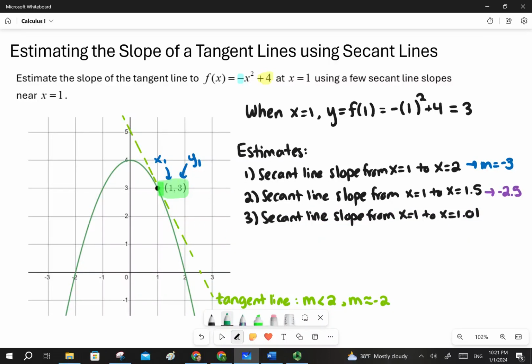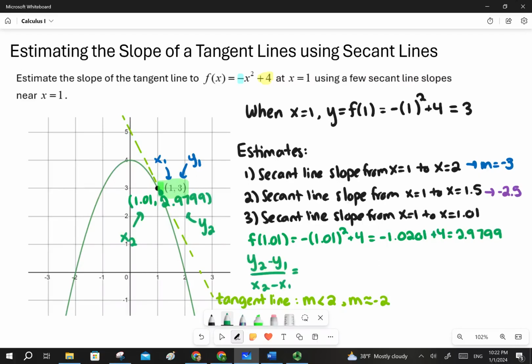Finally, let's look at the secant line from x equals 1 to x equals 1.01. The last two secant line slopes were very rough estimates because the points were so far apart. This estimate should be much better because the x-coordinates are only 0.01 apart. f of 1.01 equals negative 1.01 squared plus 4, which is negative 1.0201 plus 4, which is 2.9799.